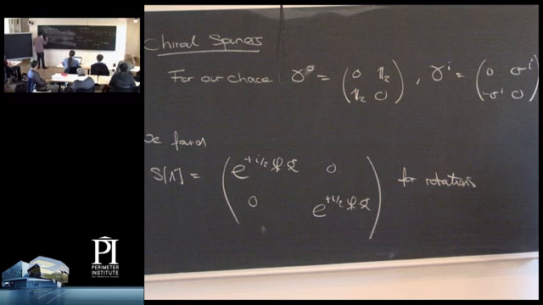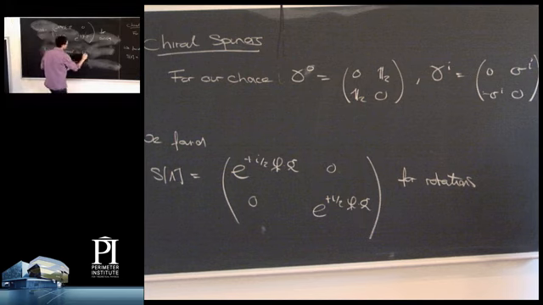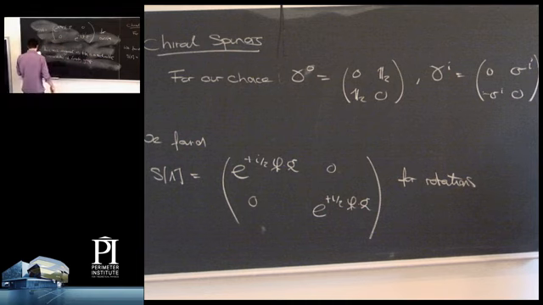So this is block diagonal. So this is a reducible representation of the Lorentz group, and it decomposes into two irreducible representations.